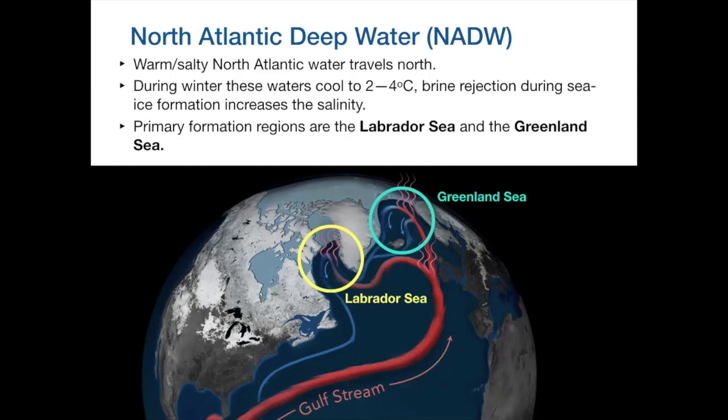When sea ice forms, the lattice structure doesn't allow the salt to be in there, so the salt in the salt water is rejected when sea ice forms, and you get what's called brine rejection. You get very salty water coming out from underneath the ice. And as that is cool and is also salty, that is very dense water, and it sinks. And this happens in the Labrador Sea and the Greenland Sea in the North Atlantic.